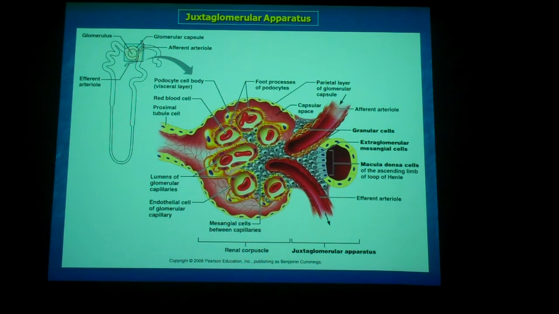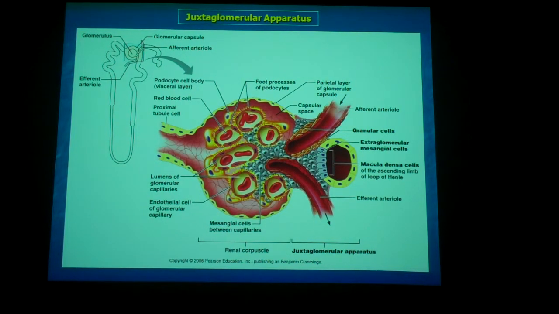Angiotensin II itself is an extremely potent vasoconstrictor. It's about 8 times as powerful as norepinephrine. But angiotensin II also causes some other things to happen. It causes the adrenal cortex to release aldosterone, a hormone that promotes sodium reabsorption by the tubular system. As sodium is reabsorbed, water follows it.